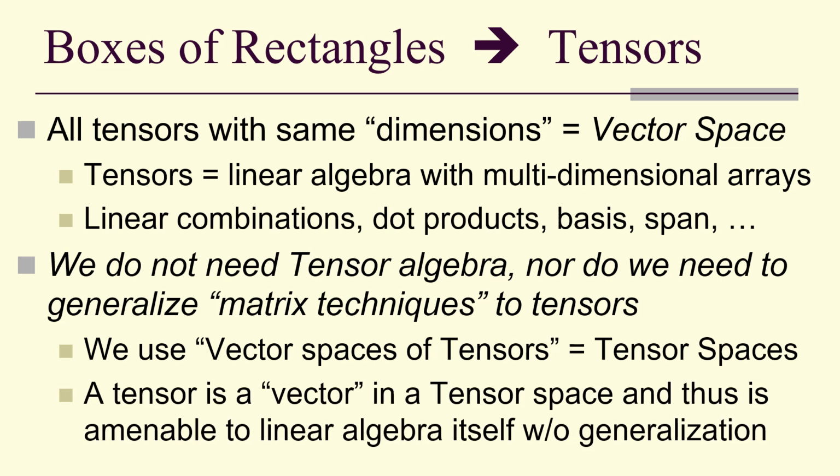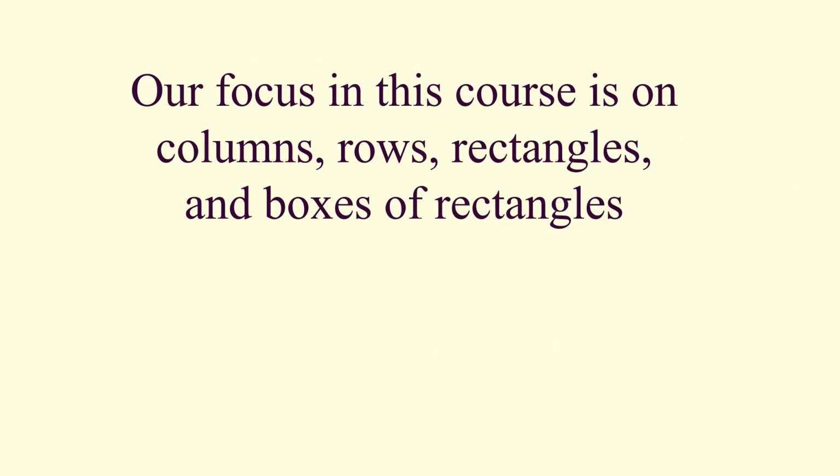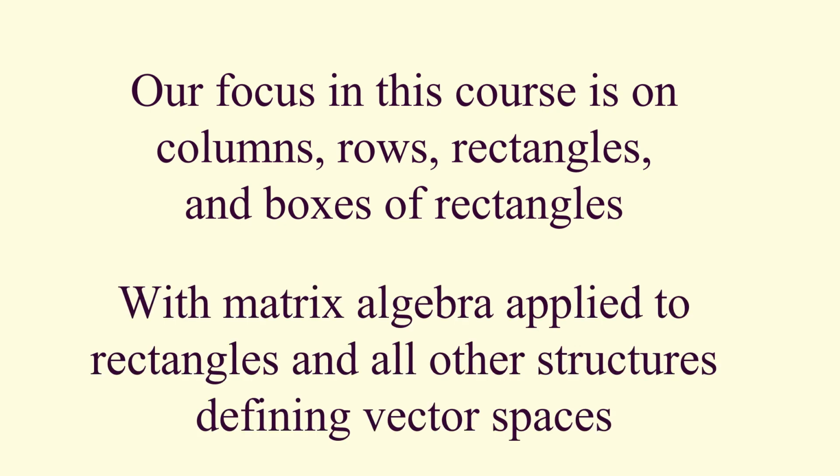But a tensor is a vector in a tensor space, and we can just apply linear algebra to the tensor as a vector in a tensor space without worrying about generalizing the matrix algebra concepts in total to tensors. In other words, our focus in this course is on columns, rows, rectangles, and boxes of rectangles. And we'll be using matrix algebra applied to rectangles, and all the other structures besides rectangles will be just things that are used to define vector spaces.